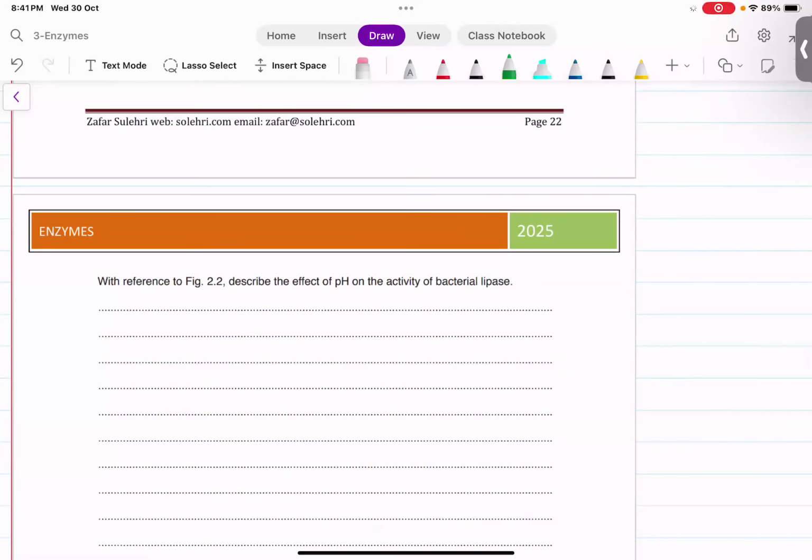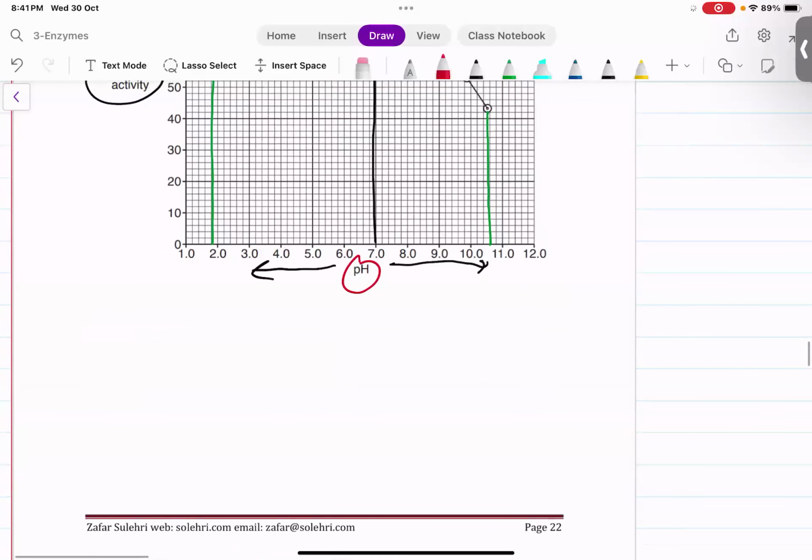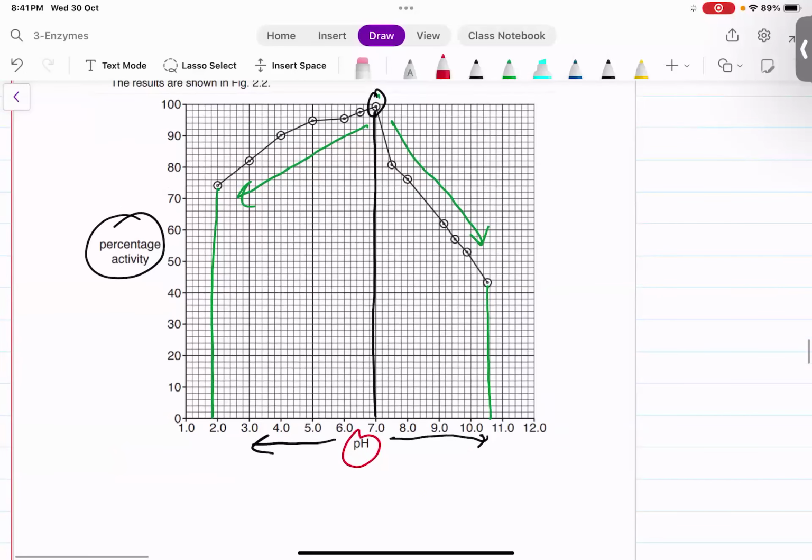With reference to figure 2.2, describe the effect of pH on the enzyme activity. So this question begins with describe. In this case, you have to give a relationship, and you have to give a numerical value or reference from the x-axis and the y-axis. As I said earlier, you can take this value from here, like at pH 7, the rate is this. You can take this as 100% activity.